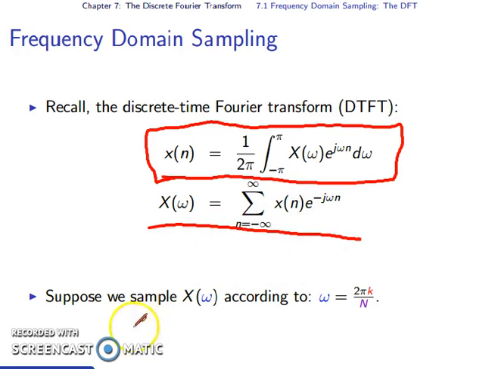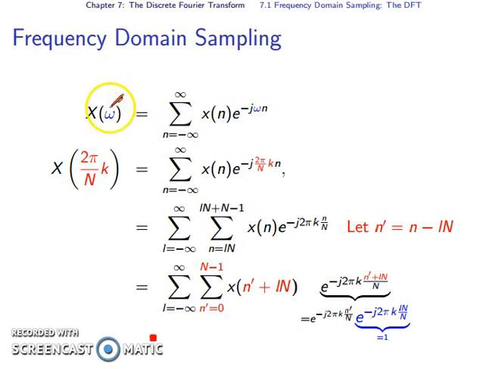Suppose we sample this X of omega according to omega is equal to 2 pi k by N. We'll sample the sequence in the frequency domain. So here, instead of omega, we will replace it. We know X of omega is the summation from n equal to minus infinity to plus infinity of x of n into e raised to minus j omega n.